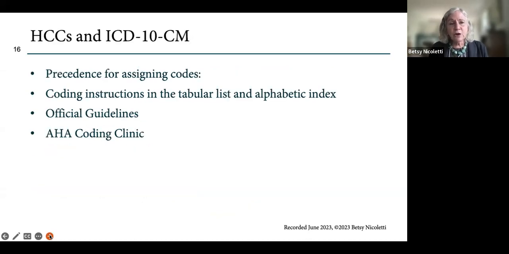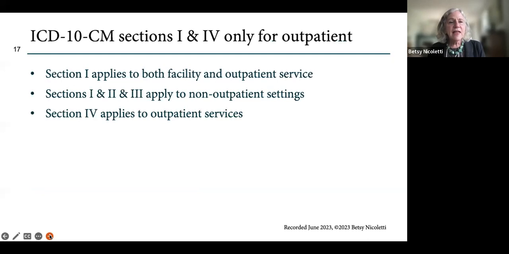When we're assigning codes, we start with coding instructions in the tabular list and alphabetic index. We follow those instructions, official guidelines, and then the American Hospital Association Coding Clinic. Section 1 applies to both facility and outpatient services.